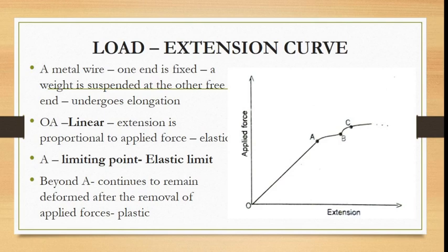Here you can see in the graph that up to the point A we got a straight line. That means the graph is linear in the region OA.